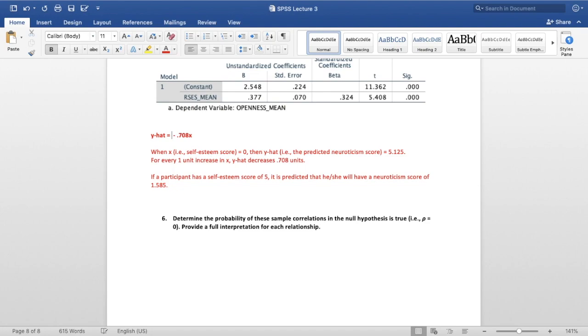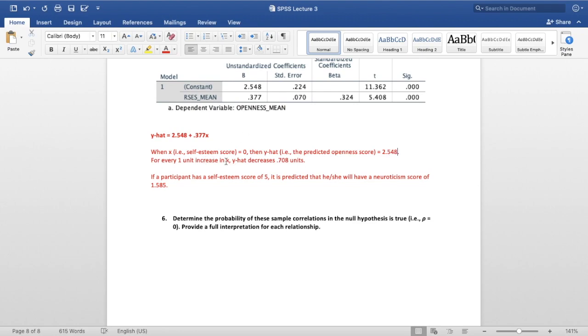So once again, the y-intercept here is going to be b constant, so 2.548. The slope is going to be positive 0.377. When x, which is self-esteem, is 0, y hat, or the predicted openness score, is going to be 2.548.